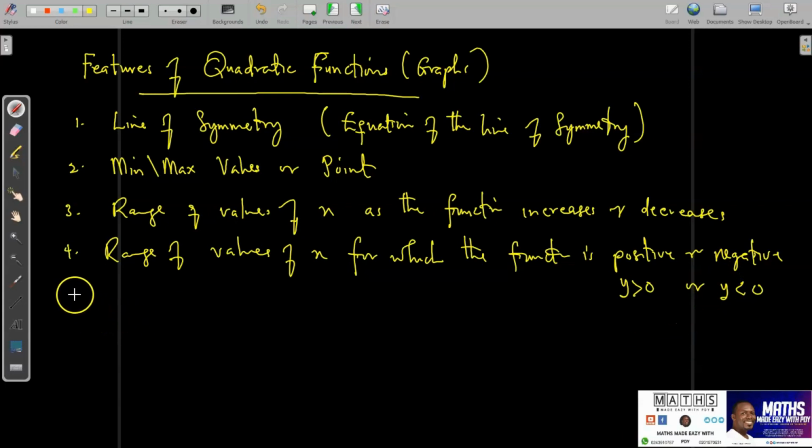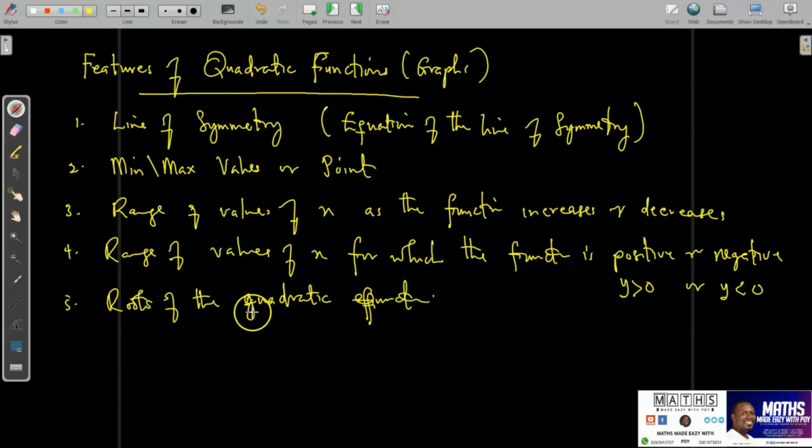Then they can also ask you, number 5, the roots of the quadratic equation or quadratic function. Now, in all cases, let me stress on it, they will ask you to use your graph to determine.